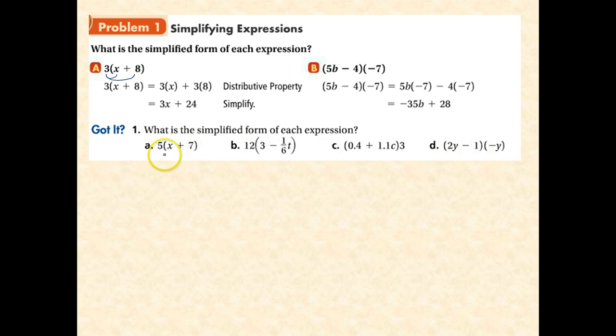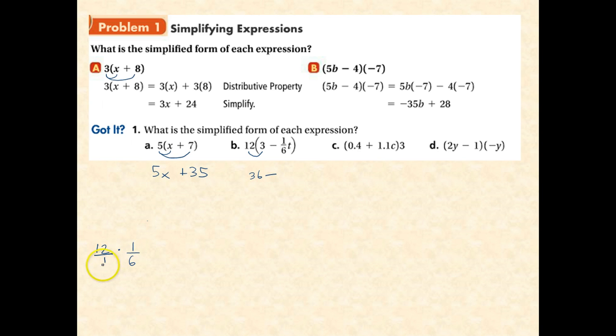Alright, let's simplify this expression. 5 times x is 5x, plus 5 times 7 is 35. 12 times 3 is 36. Minus, we're doing positive times a negative now, minus, I'm going to do a little fraction in over here, 12 times 1/6.